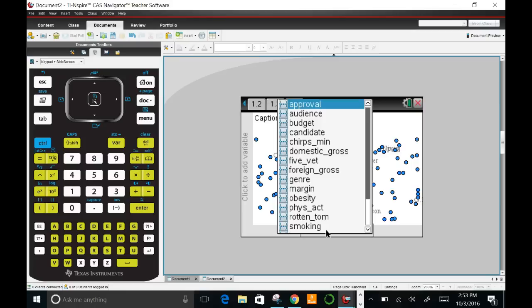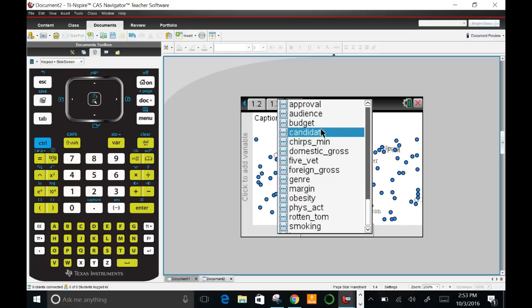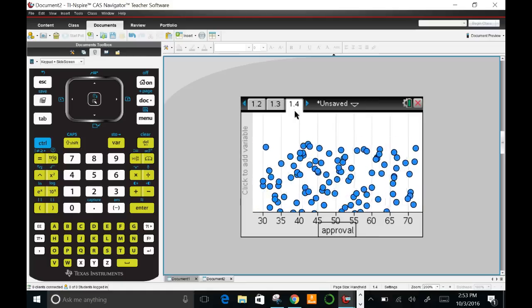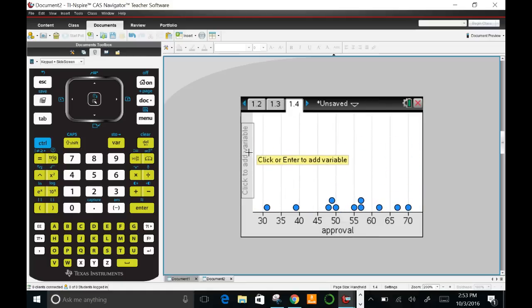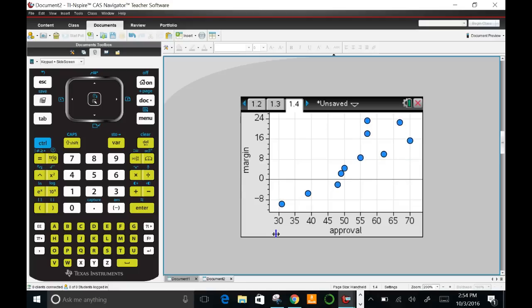And I am going to use, let's see, what did I want to use to predict what? Let's see. I'm looking at their approval rating. Is that correct? To predict the margin of error that they won by.